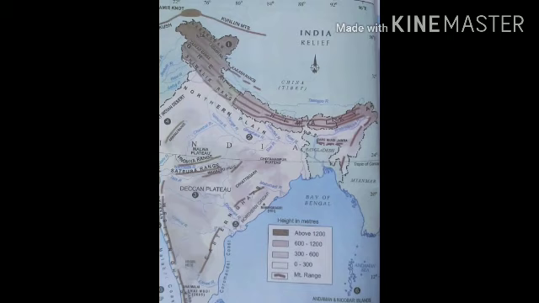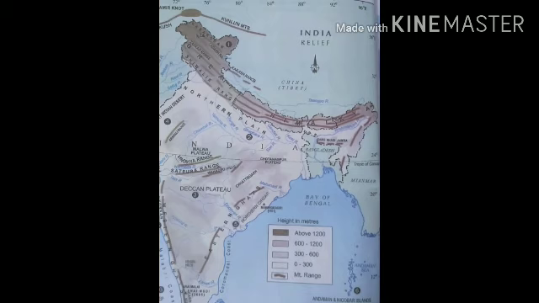That is western part, Indus River system, the middle part, made up of Ganga and its tributaries, and the eastern part, that is Assam, made by Brahmaputra river. Now, the northern plains can be divided into four regions.